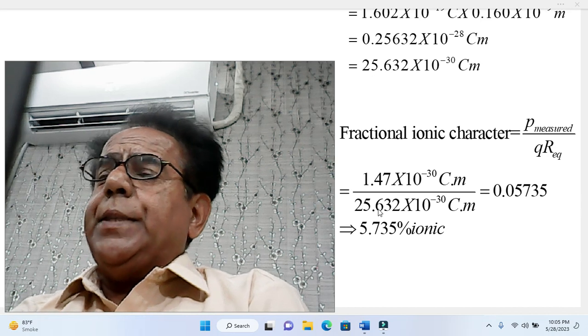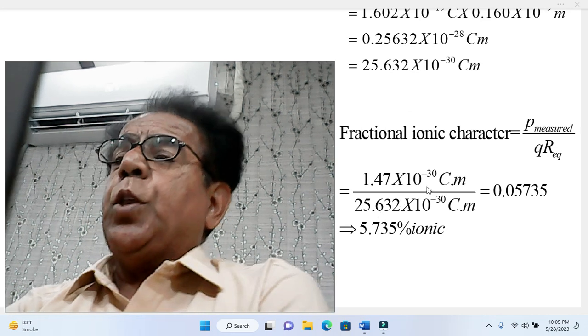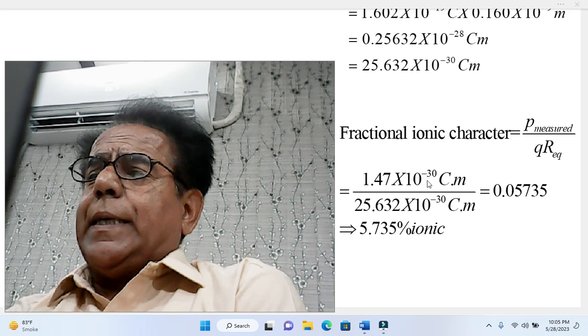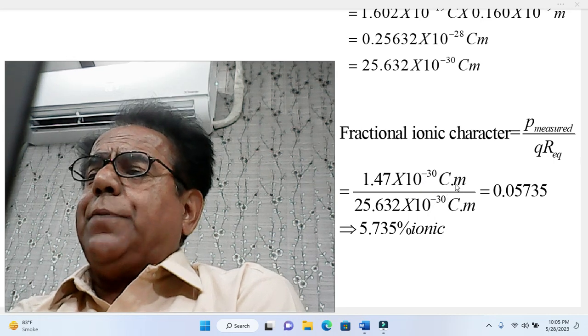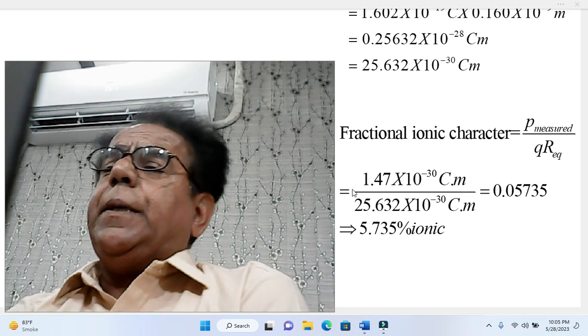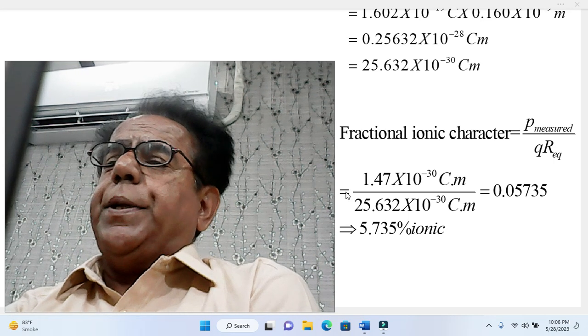So here in the denominator we will use this value. Dear students, here 10 to power minus 30 will be cancelled with 10 to power minus 30. Moreover, coulomb meter will be cancelled with coulomb meter, and we will be left only with the number in the numerator and the number in the denominator.